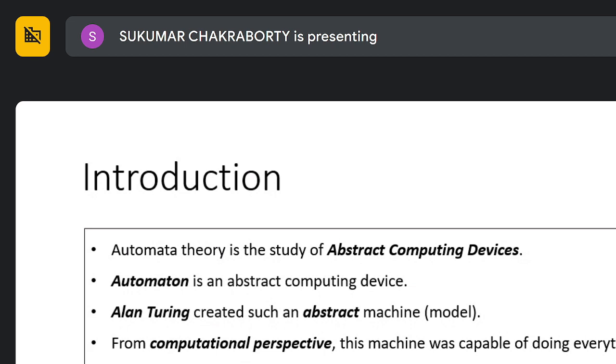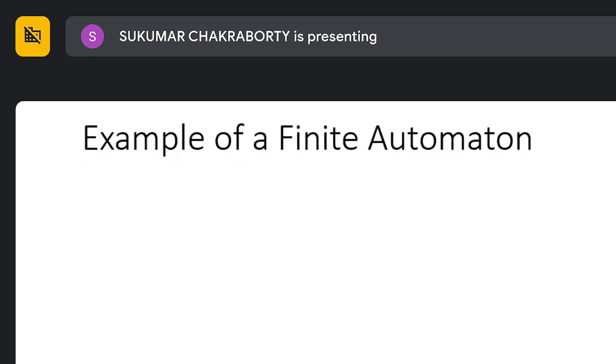These simpler machines are called finite automata. How these different types of machines behave, that is what we will study. And machine means a computational machine, a computer, right? So that is a brief introduction of what automata is. Now let us see an example of a finite automaton.